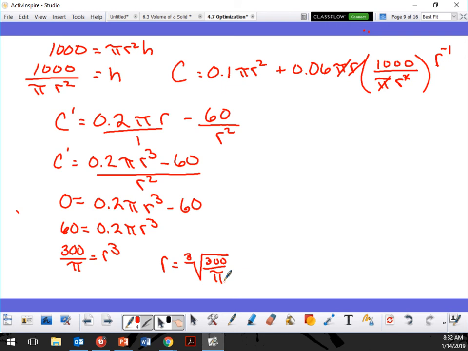So control here and control divide. Oh yeah, that's square root. I mean cube root. Did you already have that cube root on there? Okay, so there's the cube root of... There we go.